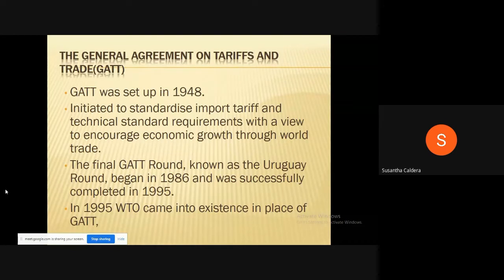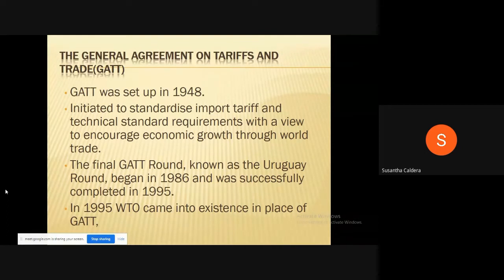And on top of that, to discourage imports to a country, for their exports, they were giving all the incentives to the exporters.